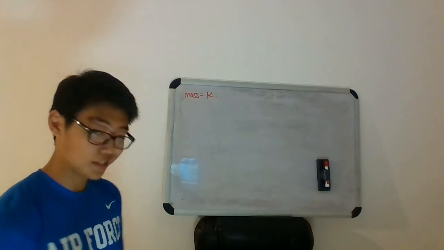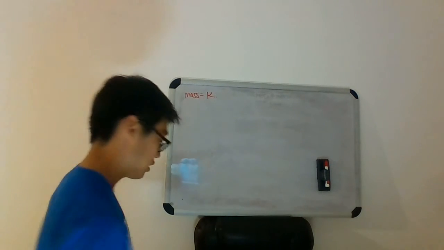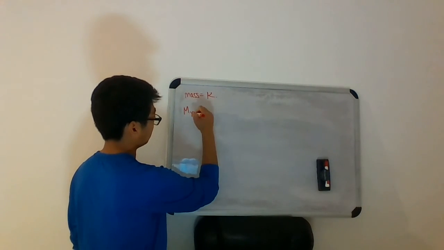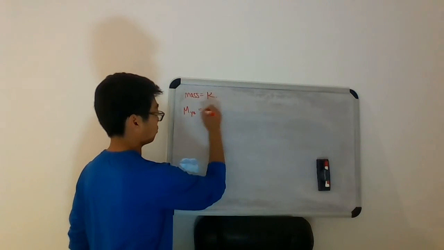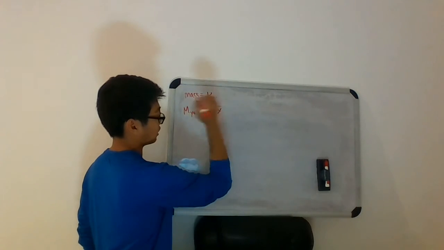And now using a little physics, which isn't taught in multivariable calculus, unfortunately, we know that M_yz, which is the moment about the yz plane, equals the mass times x bar.